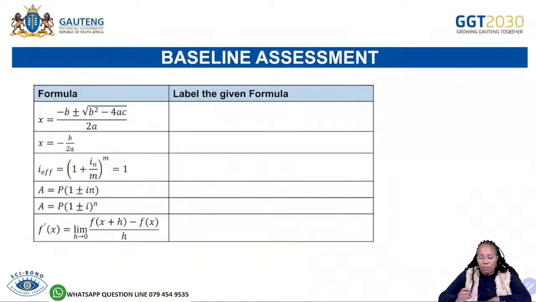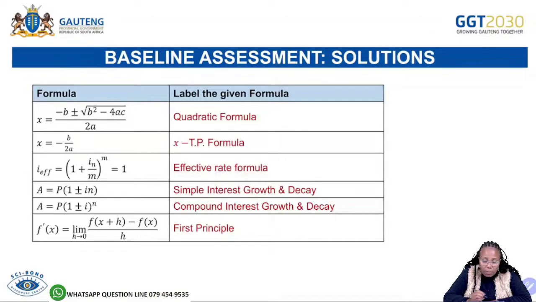Okay, let's see now. How far did you go with this one? Do you know what the first formula is? That is our quadratic formula. That is the quadratic formula that we use for factorizing. You can use this quadratic formula to find the solution for any quadratic equation, Grade 12.